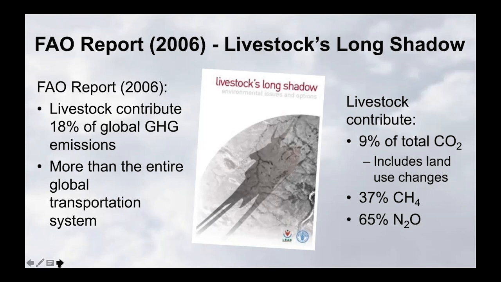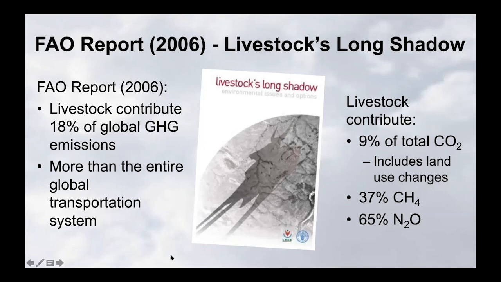And then they said that that was more than the entire global transportation system contributed. Okay, so especially anybody that isn't real in favor of livestock and especially cattle grazing, they've jumped all over this, and this number keeps being reported over and over and over again.